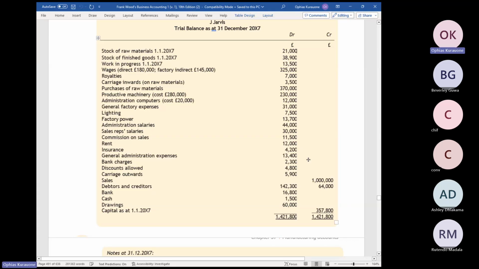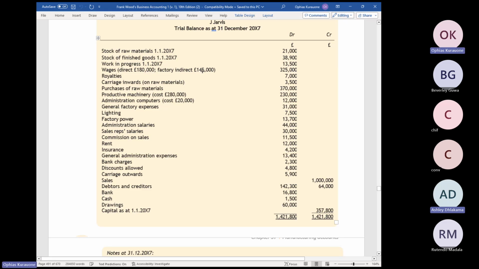I am seeing stock of raw material 1/1/2007 21,000. Stock of finished goods 1/1/2007 38,900. The wages direct 180. Factory 145. 145 plus 180 gives us 325. Are we seeing different slides?